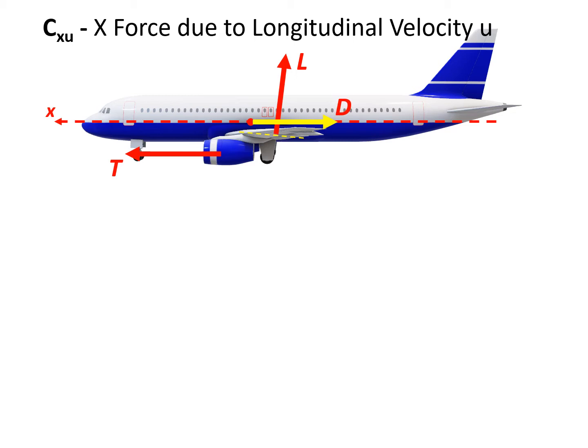Okay, so in total, the x force can be calculated as T minus L sine alpha minus D. So this is what we have. And now we're applying an assumption, because usually we assume that alpha, or the angle of attack of the wing during cruise condition, is small, so L times sine alpha becomes negligible.